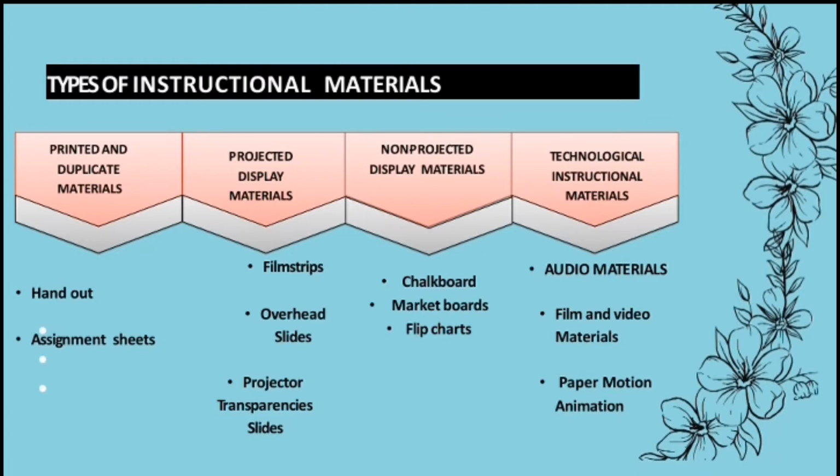Under printed and duplicated materials are handouts and assignment sheets, while projected display materials have filmstrips, overhead slides, and projector transparency slides. Non-projected display materials have chalkboard, marker board, and flip charts. The last is technological instructional media, which are audio materials, film and video materials, and motion animation.